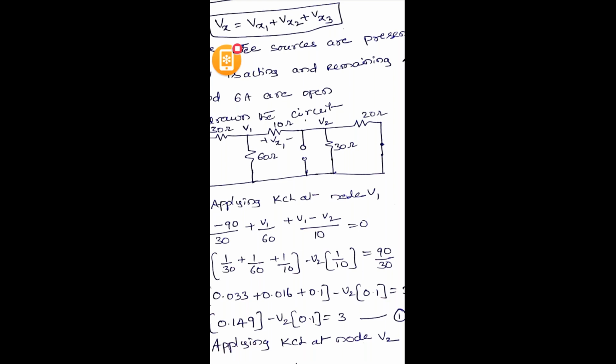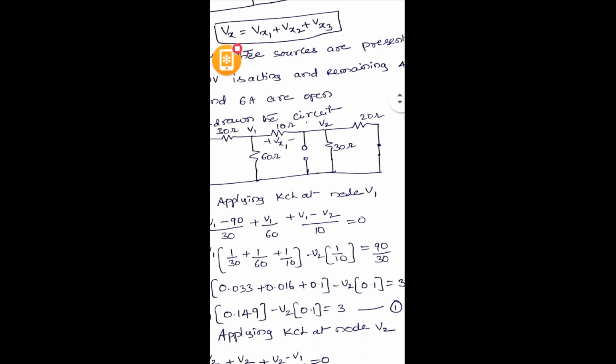Now we take V1 and V2 terms common: V1 (1/30 plus 1/60 plus 1/10) minus V2 (1/10) equals 90/30. Simplifying, 0.149 V1 minus 0.1 V2 equals 3. This is equation 1.